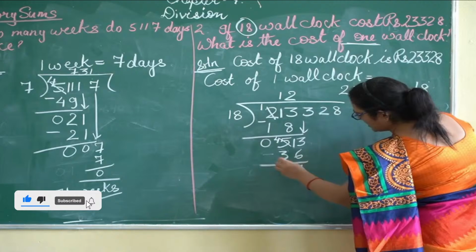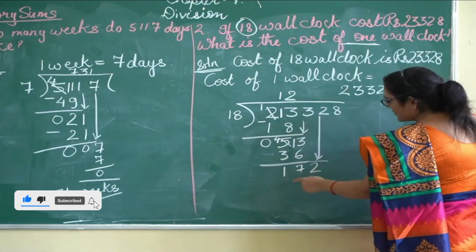In the table of 18, does 172 come? No, smaller than 172 is 162. 18 nines are 162. Subtract: 2 minus 2 is 0, 10 minus 6 is 4, 1 minus 1 is 0. Now bring the next number down, 8. In the table of 18, when does 108 come? 18 6s are 108.